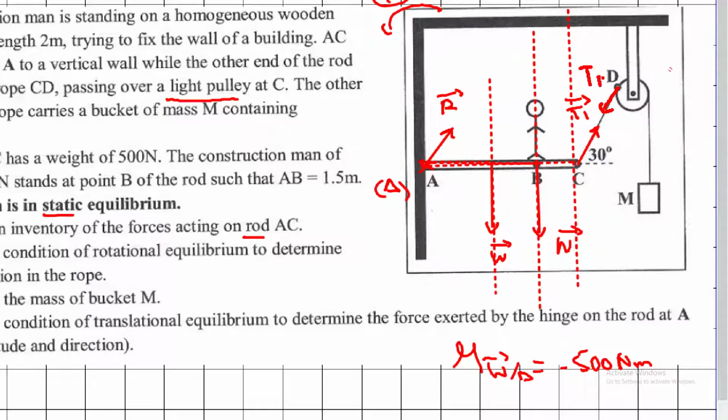So T1 prime will be equal to T1 because the string is inextensible. But here we'll have another tension, and here we will have another tension. Now this tension is equal to this tension, but the reason is not an extensible string. However, because the pulley is light.